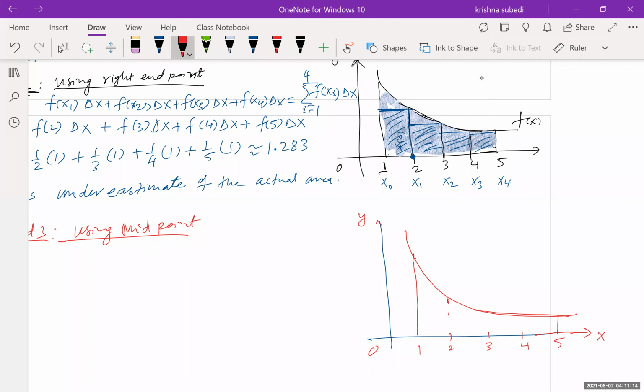So we are going to approximate this area again. Now if I look at the midpoints, this one is 1.5, this midpoint is 2.5, this midpoint is 3.5 and this one is 4.5. So that will determine the height of the rectangle. If I draw a rectangle there, my height of the rectangle will be like this.